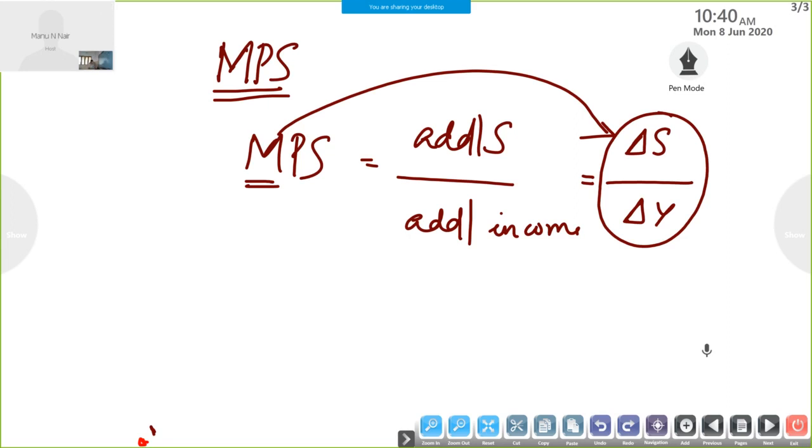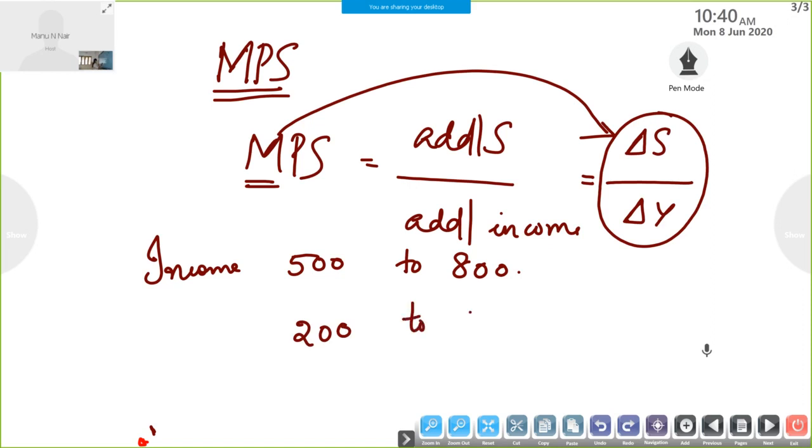Okay. For example, if income increases from 500 crore to 800 crore, and saving increases from 200 to 300. What is the additional level of saving?